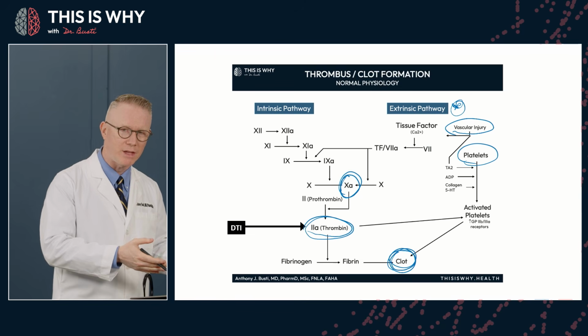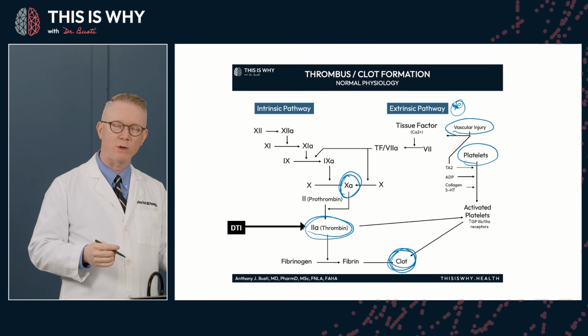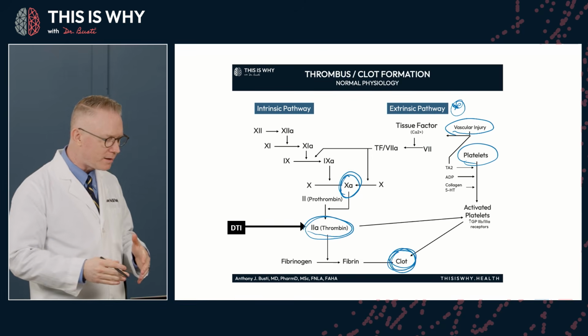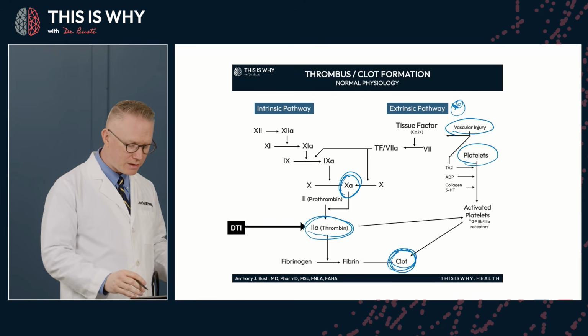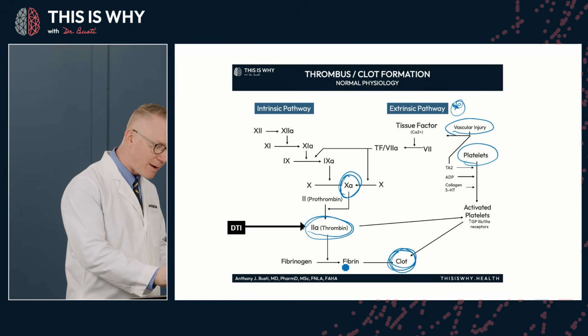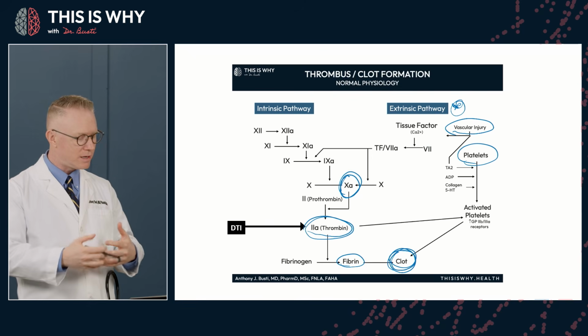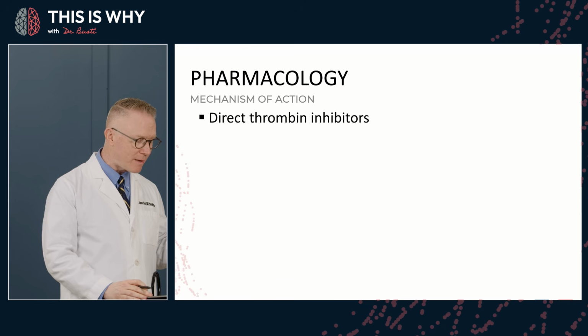Obviously, too much of anything is bad. Not enough is not good enough. So this is what we're targeting with direct thrombin inhibitors. We're directly targeting thrombin and taking it out. And that obviously then impacts the formation of fibrin monomers that form those cross links inside the clot that make it firm and solidified. And so that's the main mechanism that I wanted you guys to recognize.